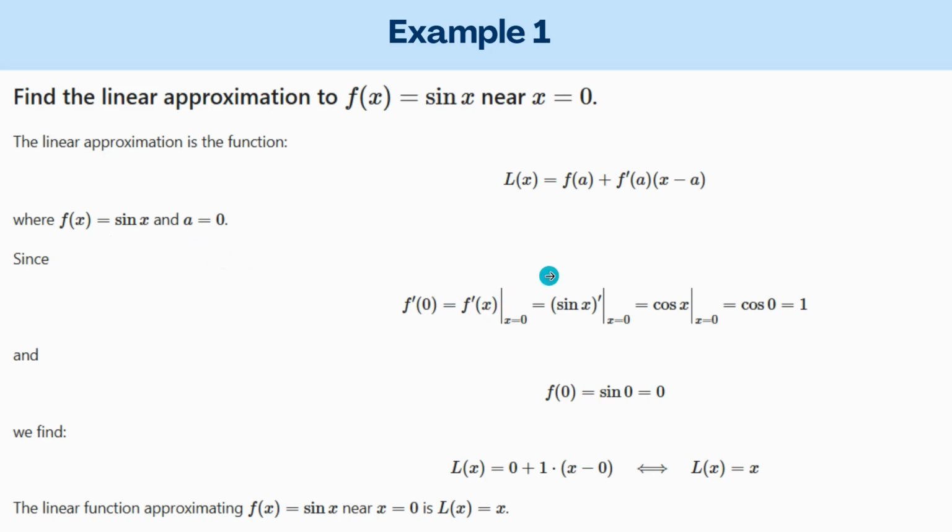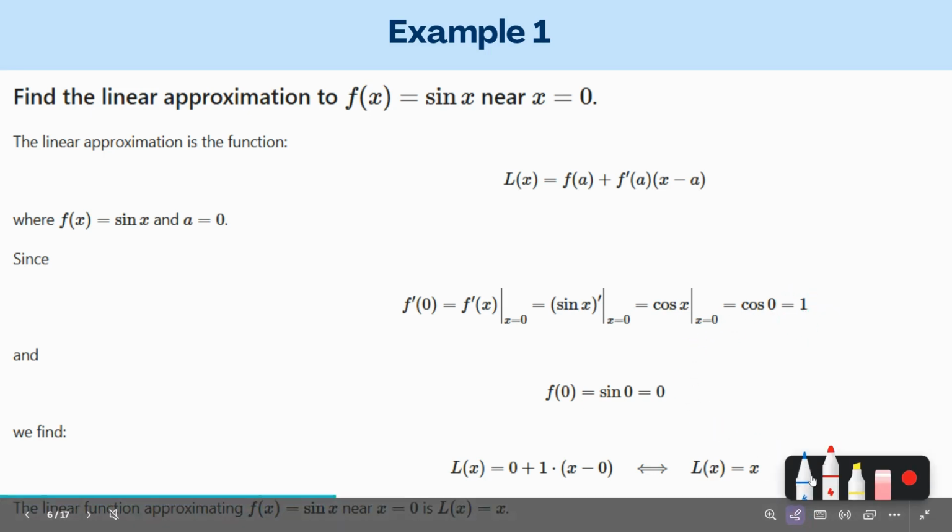So for sine of x, f prime of x equals cosine of x, and if we set x to 0, we've got f prime of 0, which is 1.